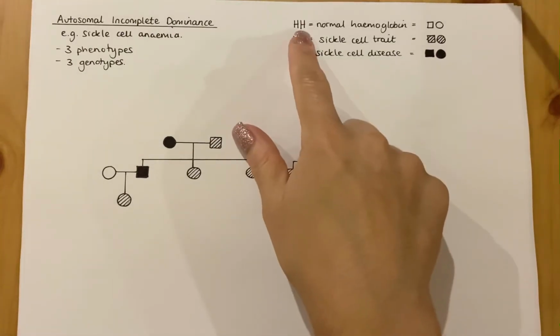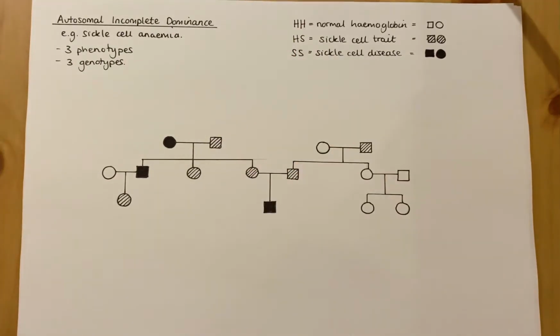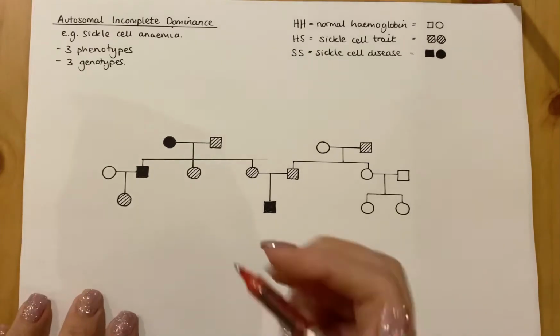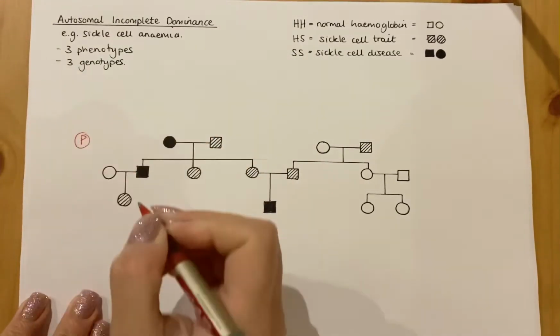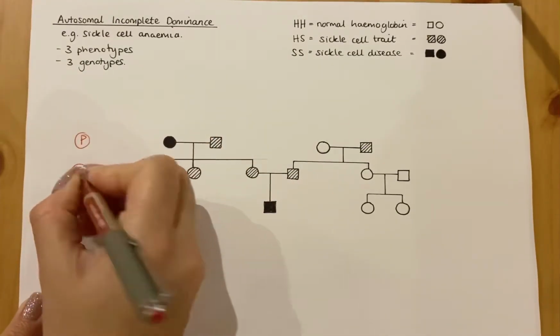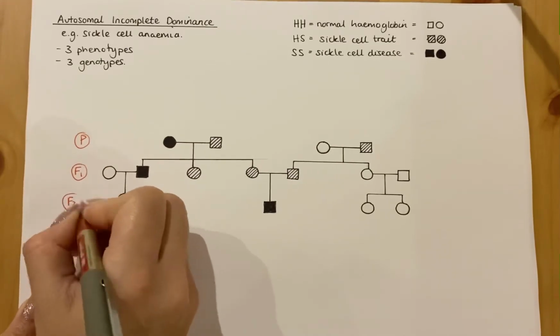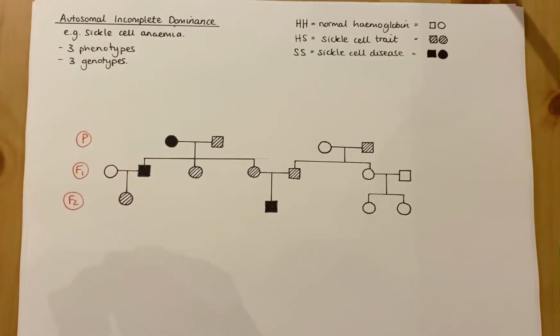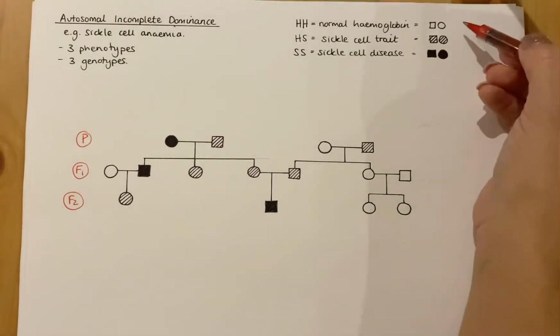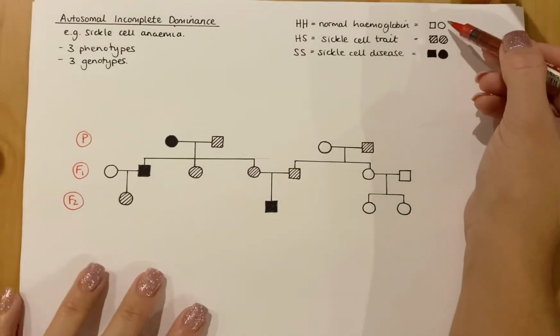Any examples they would ever give you, they would have to give you the genotypes, and therefore you would always use this. So in these examples, it is really straightforward to carry out a cross, or to complete a pedigree chart on their genotypes. Again, P generation, F1 and F2, and you just look at the key to determine who has got what in terms of the genotypes.